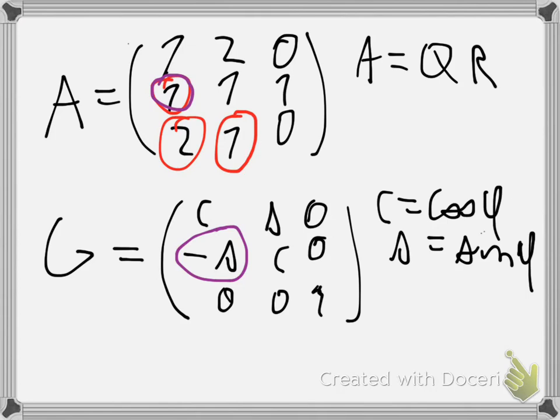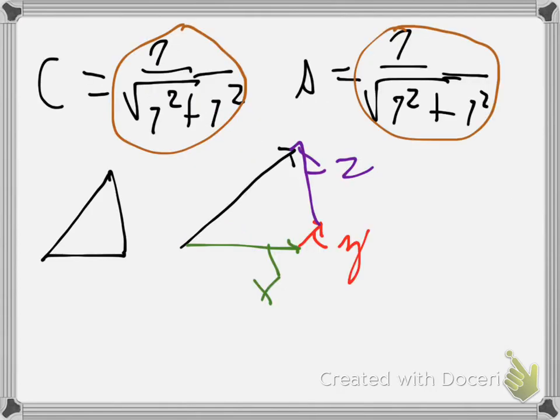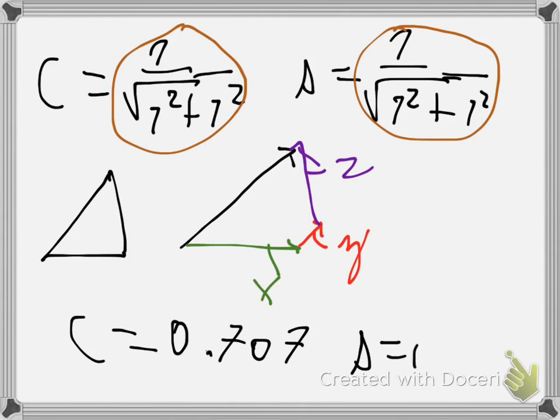Okay, so let's do our computing. We have values here. We'll get for cosine roughly 0.707, and sine will be the same thing. So it's 1 over square root of 2, it's square root of 2 over 2, so it's an angle of 45 degrees, if you want to see it that way.